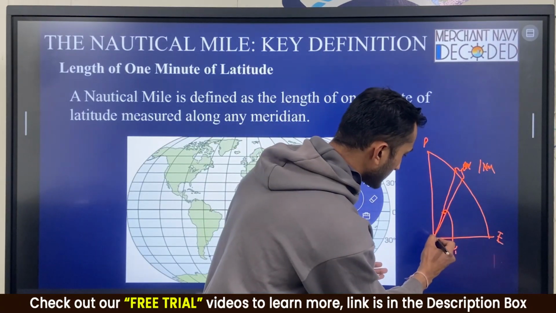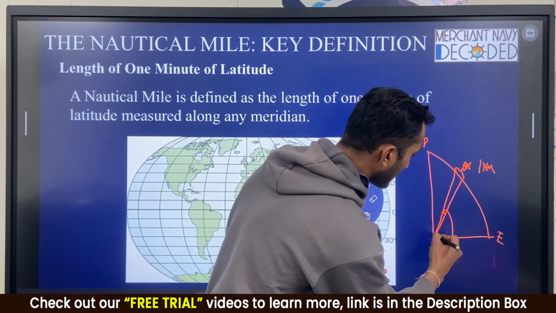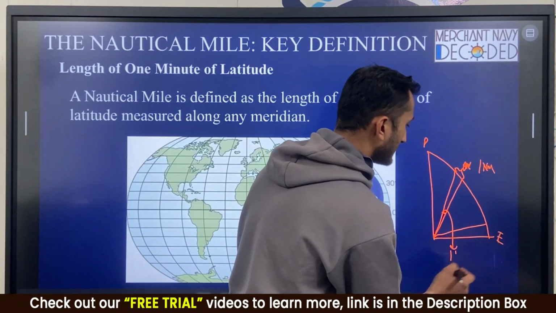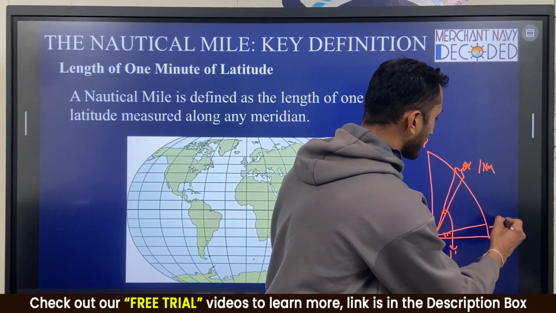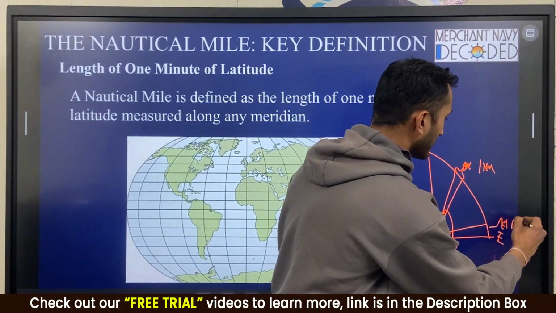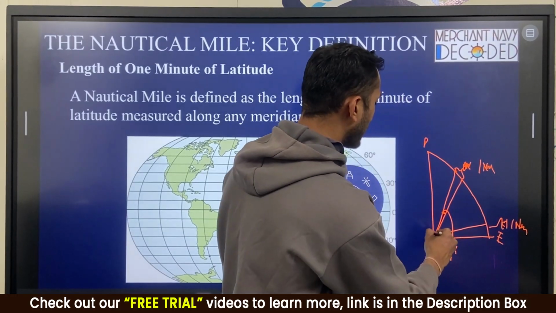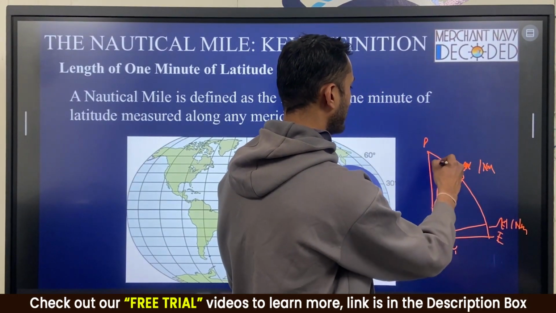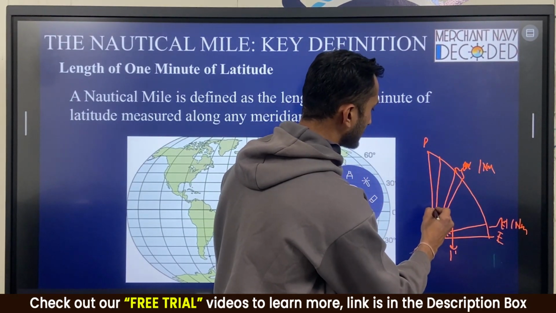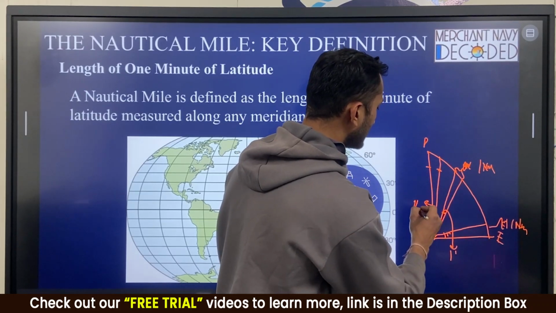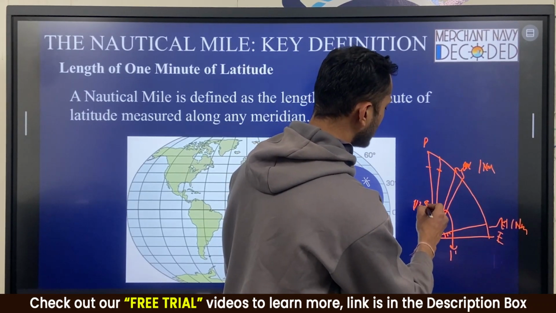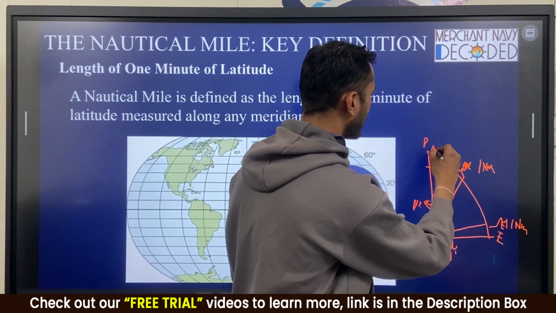If I take some other line from here and measure it, this is 1 minute, so this becomes 1 nautical mile. Likewise, if I take one line, measure it like this, and the angle between this line and this line is 1 minute, this becomes 1 nautical mile.